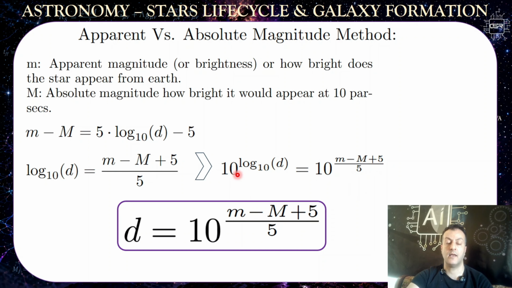So 10 to the power of log base 10 d would give us simply d, equal to 10 to the power of m, lowercase m, which is the apparent magnitude, minus capital M, the magnitude or brightness from a distance of 10 parsecs, plus 5, divided by 5. This is how we get the distance to the sun or to the star being measured.